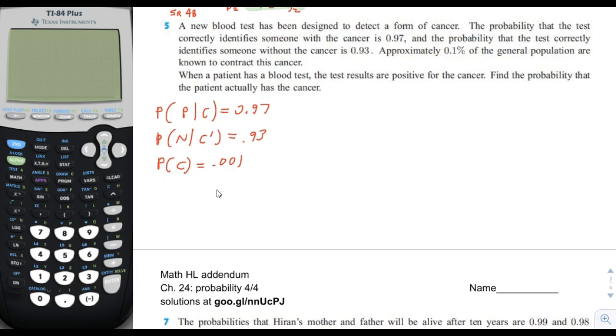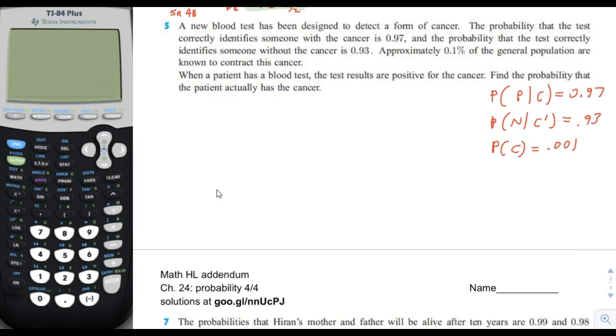Let's try to make a tree diagram. So the first thing that happens is either the patient has cancer or does not have cancer. The probability that they do have cancer is very small. It's 0.001. The probability that they don't have cancer is quite large. It is 0.999. Okay. The probability that, given that they have cancer, the test correctly identifies them is 0.97.